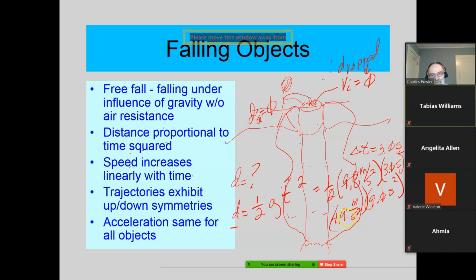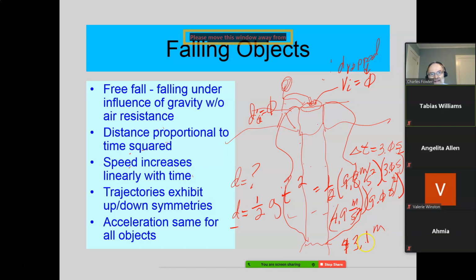Your seconds squared go out, and that gives you 4.9 times 9.0, which I think is about 43.1 meters.